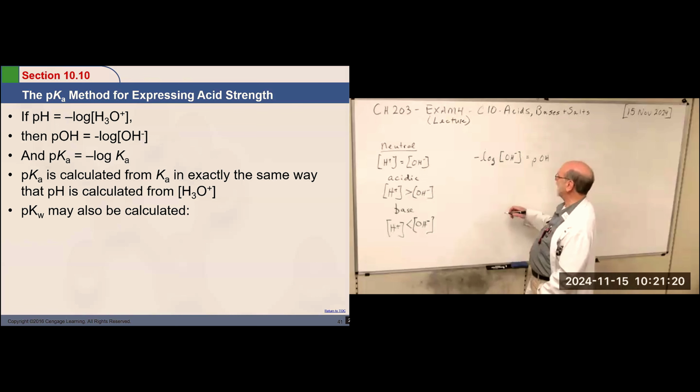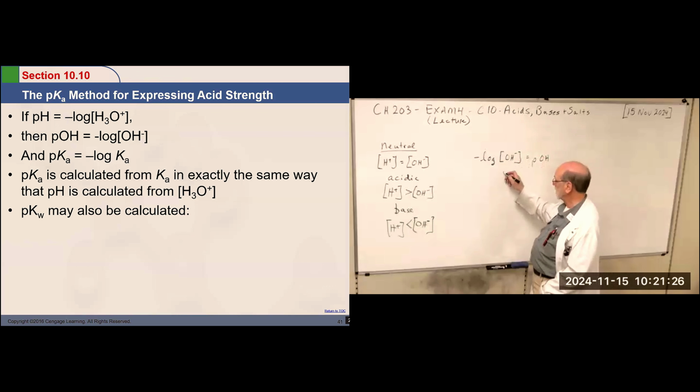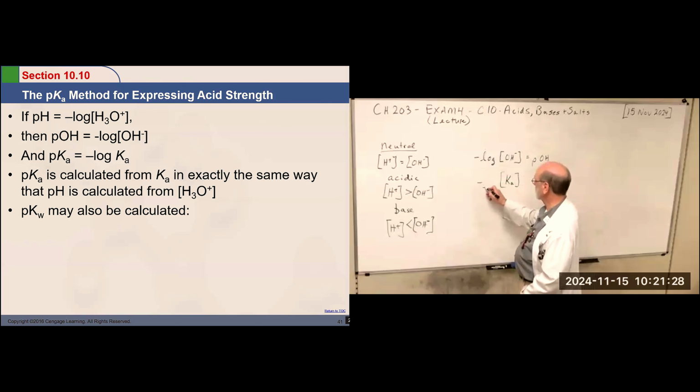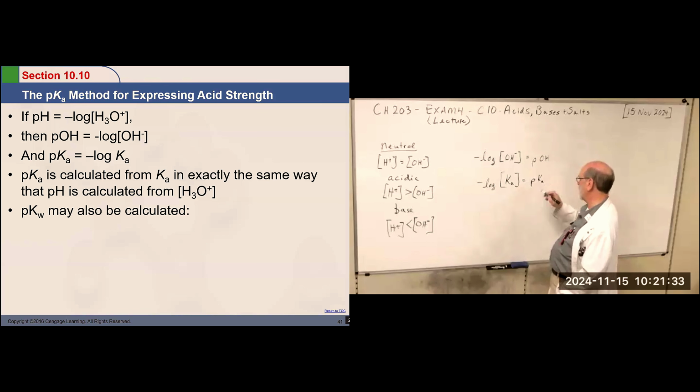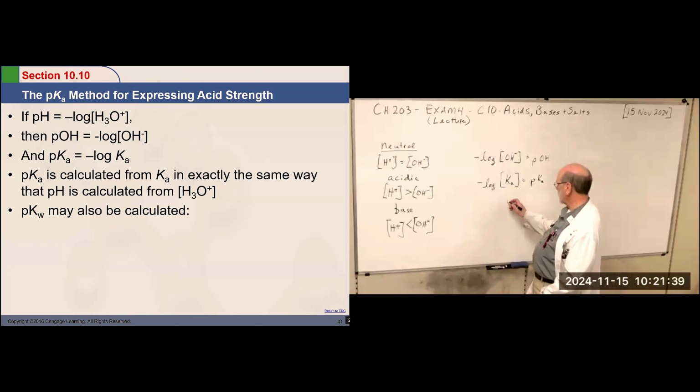Say we had a Ka, right? That would be some value. We could do the negative log of that. What would that be? pKa. Okay. Or we could do the same thing with that special one for water.